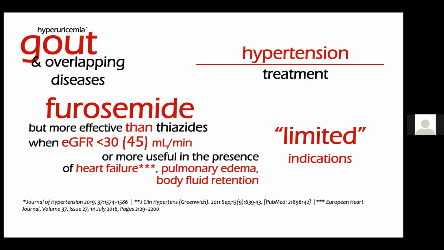But this will be furosemide taking the place of hydrochlorothiazide, not combined with hydrochlorothiazide. In South Africa, it will be when the eGFR is less than 45, or when your patient has, like all over the world, heart failure, pulmonary edema, or body fluid retention.